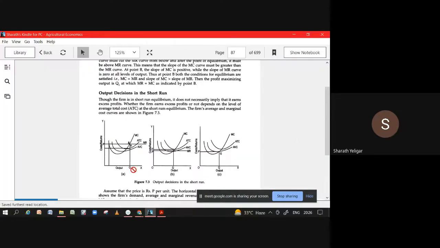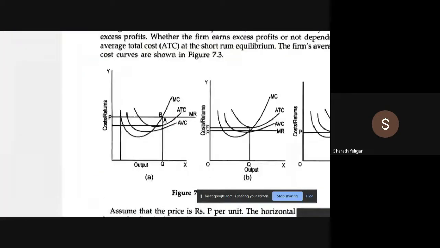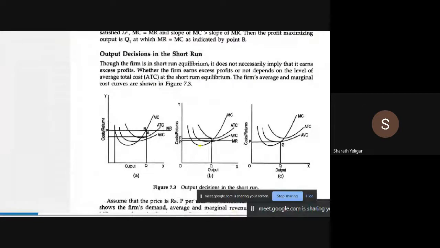Now similarly, if you see here, it is exactly at ATC. So here you are earning what is called normal profit. Why normal profit? Because it is assumed that a certain portion of normal profit is taken into the cost.